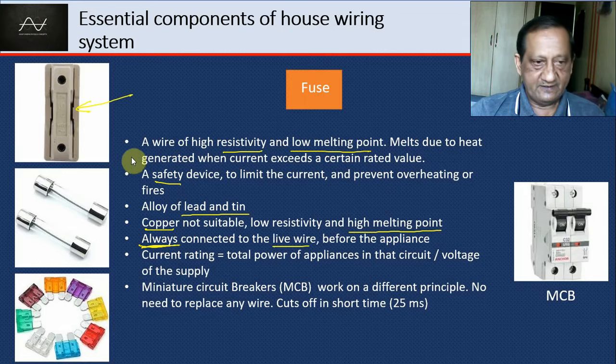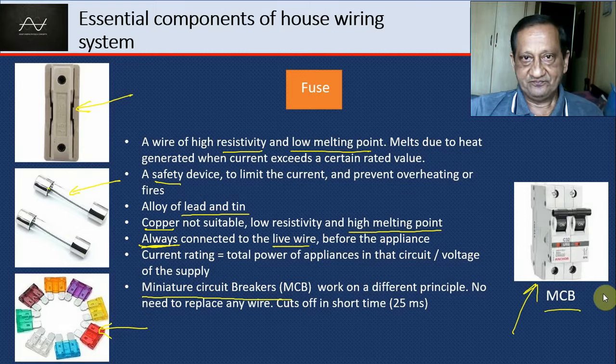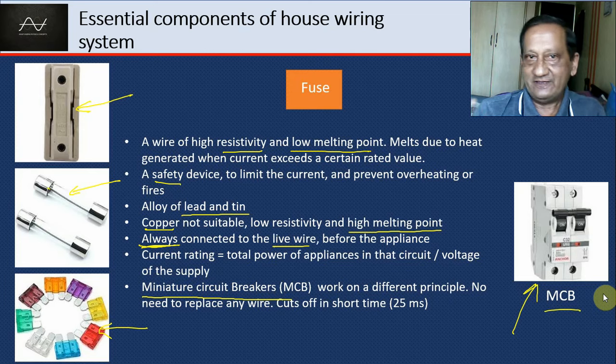These are the kind of plugs you will see. If you pull it out, then you'll see there's a fuse wire. Or you will see this kind of a fuse wire inside a casing or like this. But now there are circuit breakers, miniature circuit breakers. In a fuse wire, when it melts, you have to replace the fuse wire. Here, it breaks.